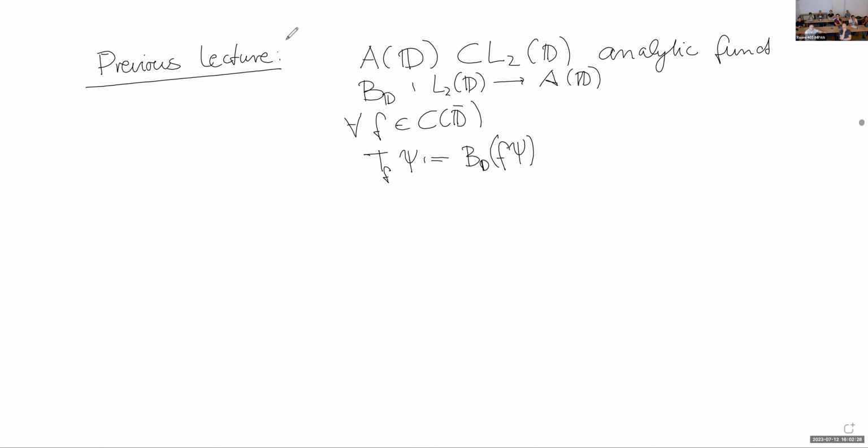So what do we know? We knew that the adjoint is given by taking the complex conjugate.